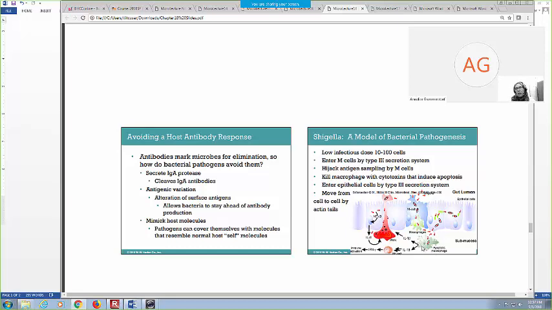And so it will be engulfed, but it's able to escape the lysosome by producing cytotoxins that kill the macrophage.